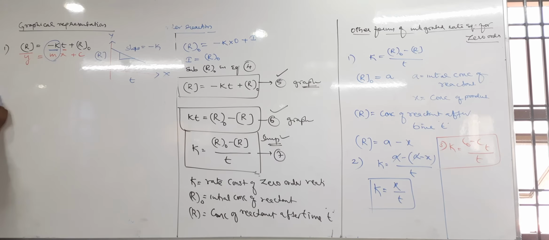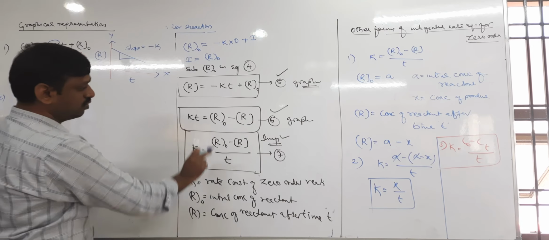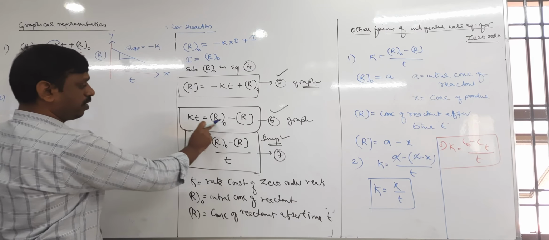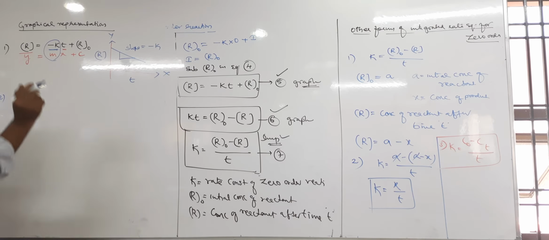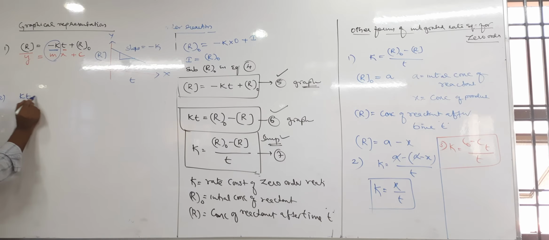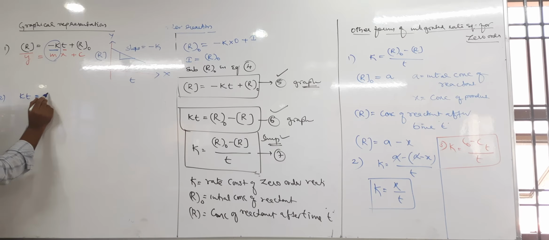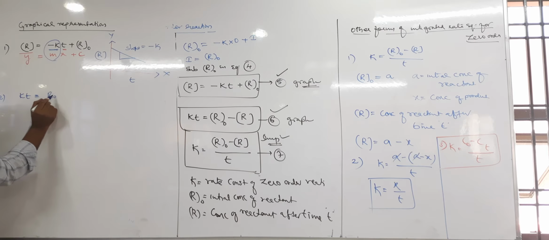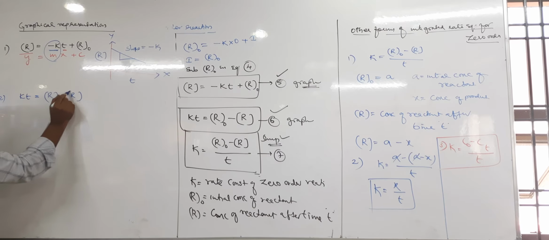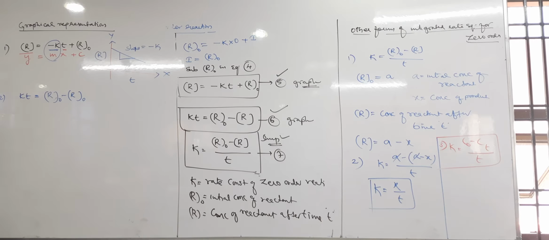Next, second one. The second equation is this. A graph is also plotted for kt equal to R naught minus R. Okay. Now here, can I take it like this?